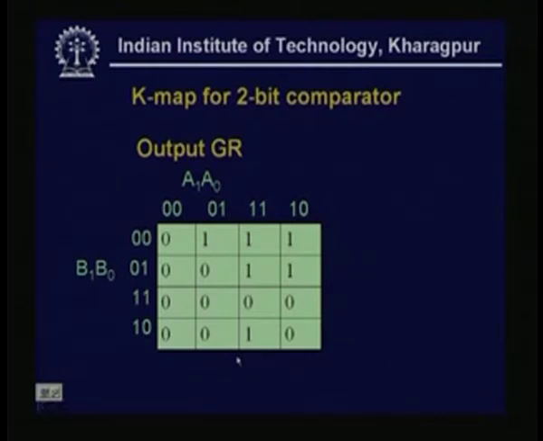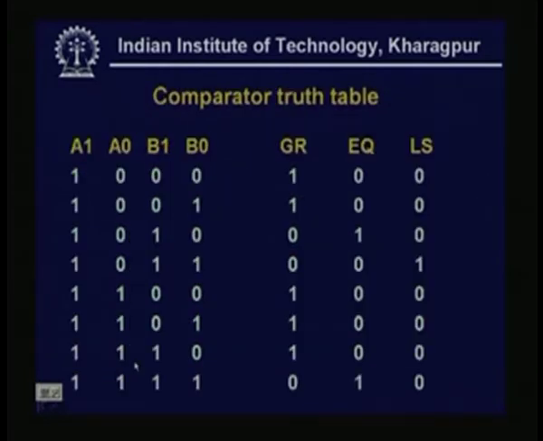Now, say for output GR, we have to revisit the truth table, that is, for which minterms the output is 1 and for which minterms the output is 0. We concentrate only on GR.